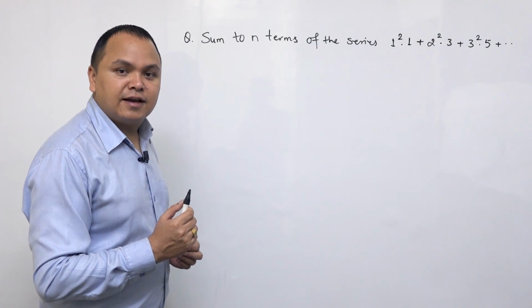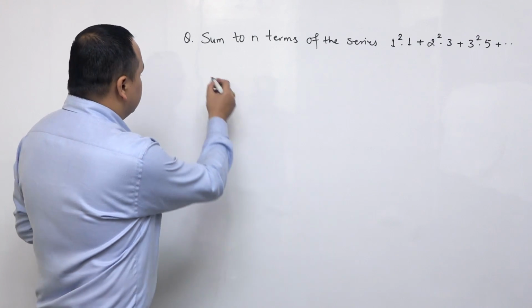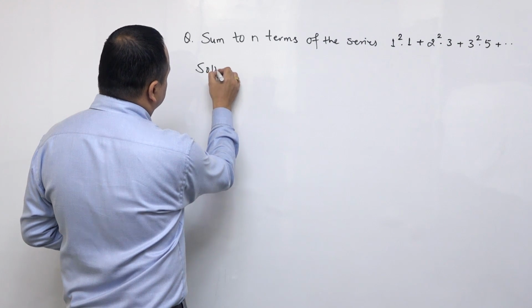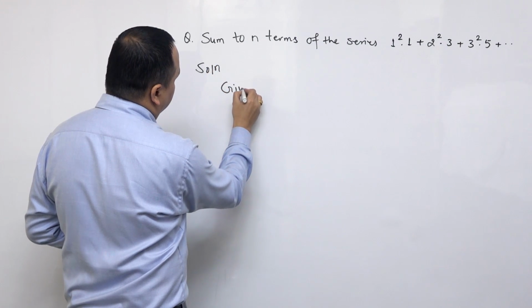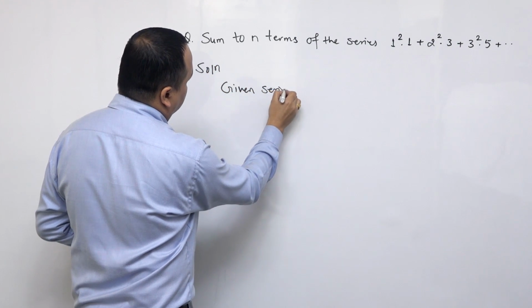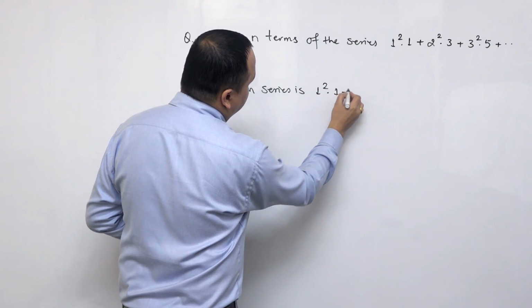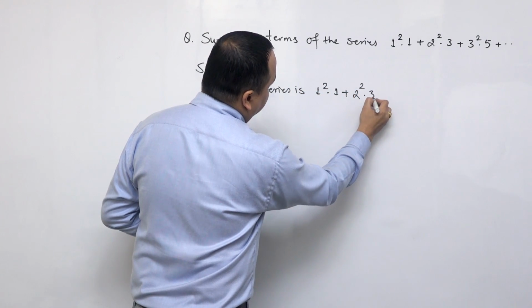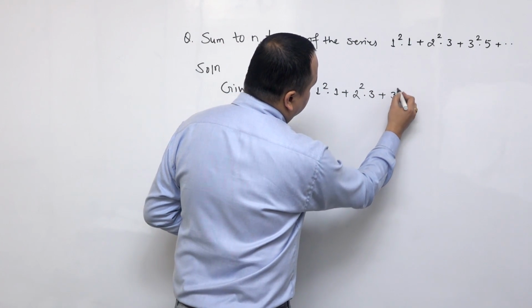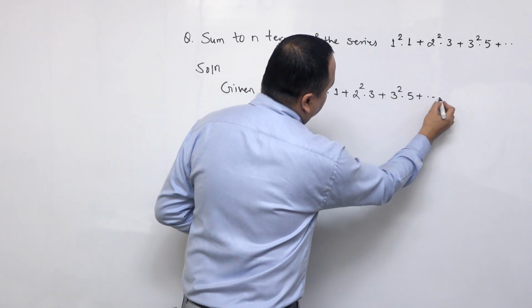Dear students, we take another example. Solution. Given series is 1 square into 1 plus 2 square into 3, 3 square into 5 plus and so on.